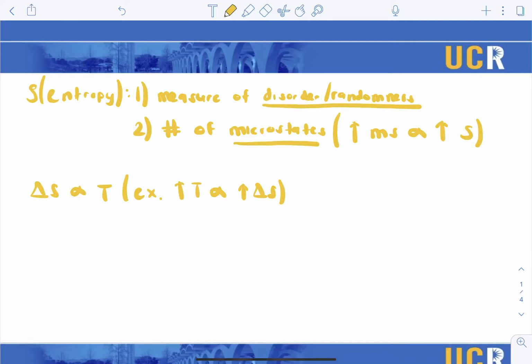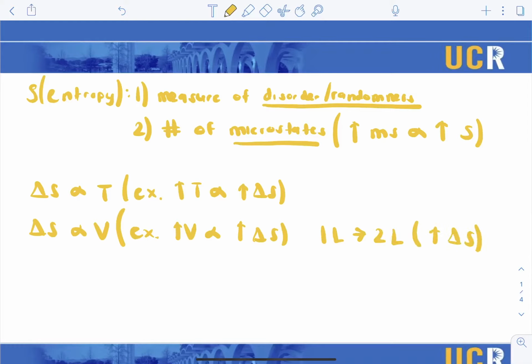The second proportionality is that delta S is always going to be proportional to volume. So if you increase the volume, that's going to lead to an increase in delta S. If you have a container that's 1 liter and you increase it to maybe 2 liters, you're going to have an increase in entropy, because now there are more areas in space where your particles can be.